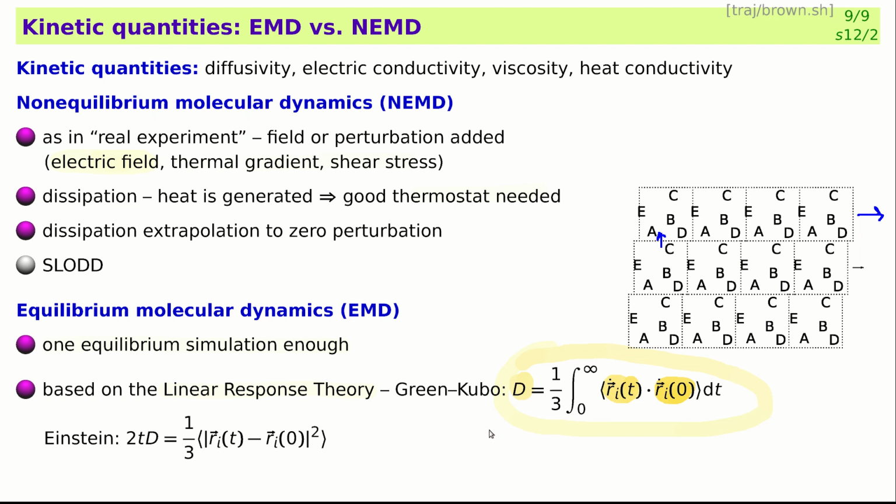Another formula which actually is equivalent to this formula is here. I believe you do know this formula from physical chemistry or from physics. It tells us that the mean square displacement of a particle during the Brownian motion, every particle moves chaotically from point to point, is proportional to time, and the coefficient is the diffusivity here.